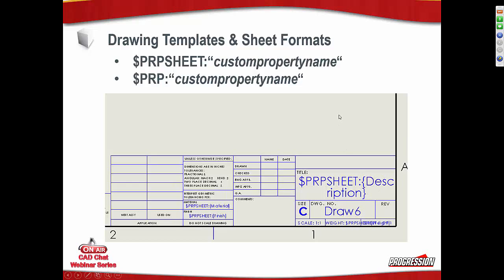To pull it from the model custom properties, you would need the $PRP sheet colon and then the name of the custom property that is in the model file that you want to pull from. If you're pulling it from the drawing file, it would just be $PRP and then the custom property name.